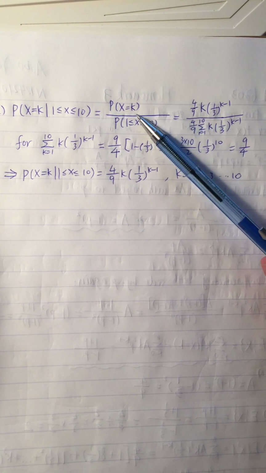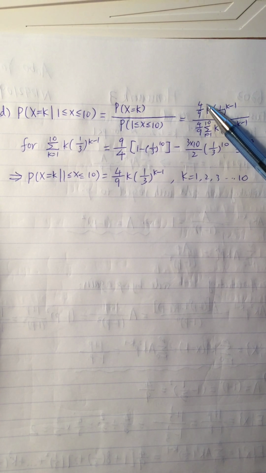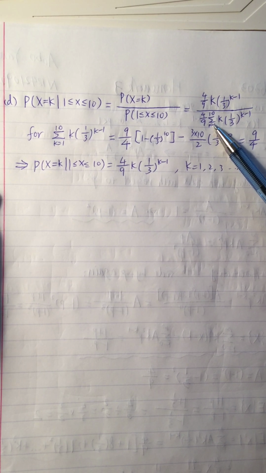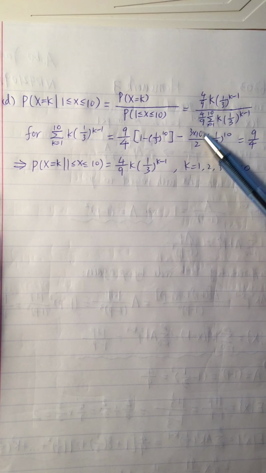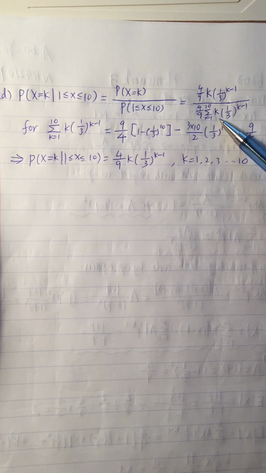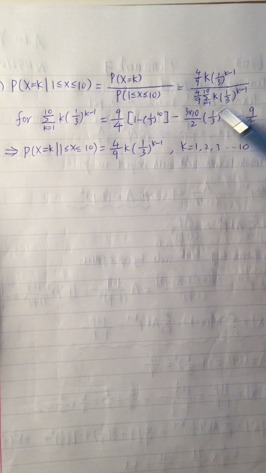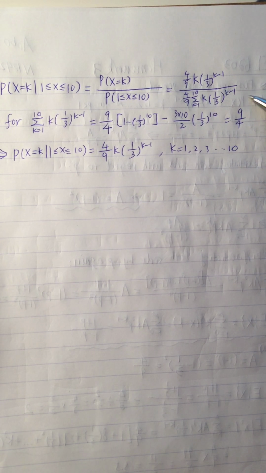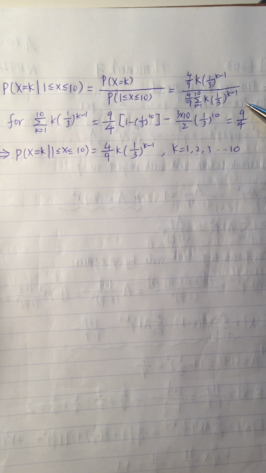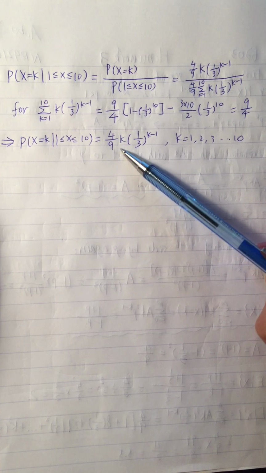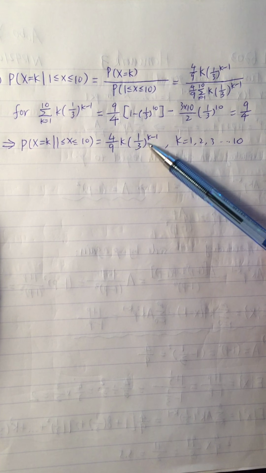It's the same, and we can get that from this is P(X = k), and this is P(1 < X < 10). We can divide it like this, and it's 9/4 divided by 9. So the final is (4/9) k (1/3)^(k-1).